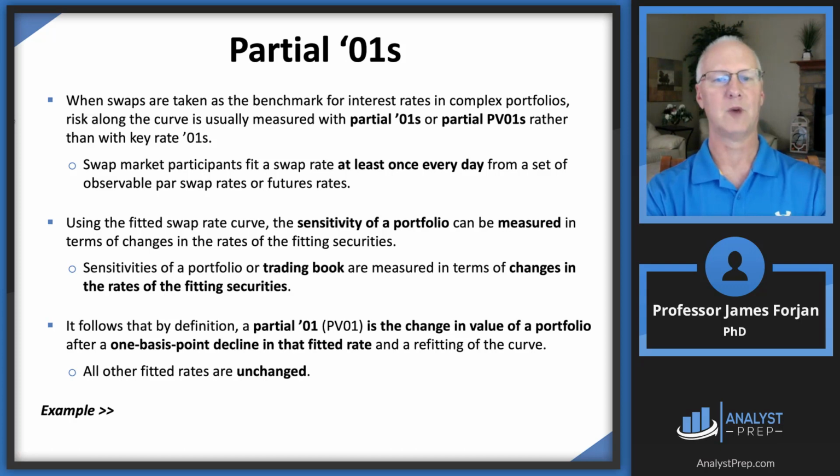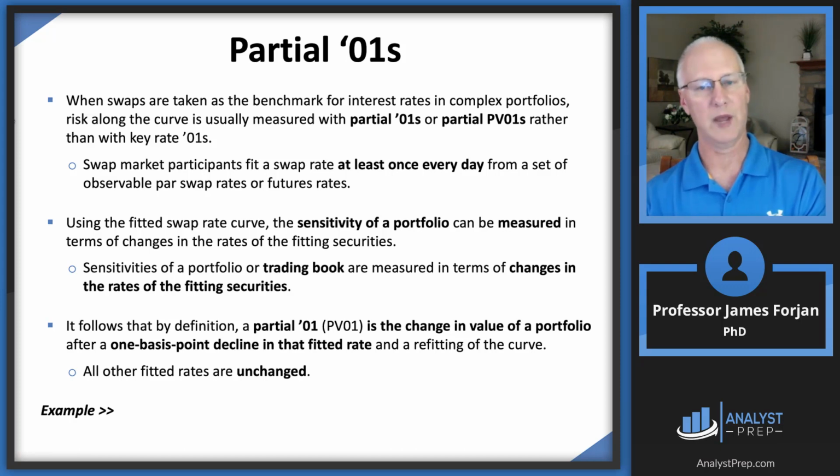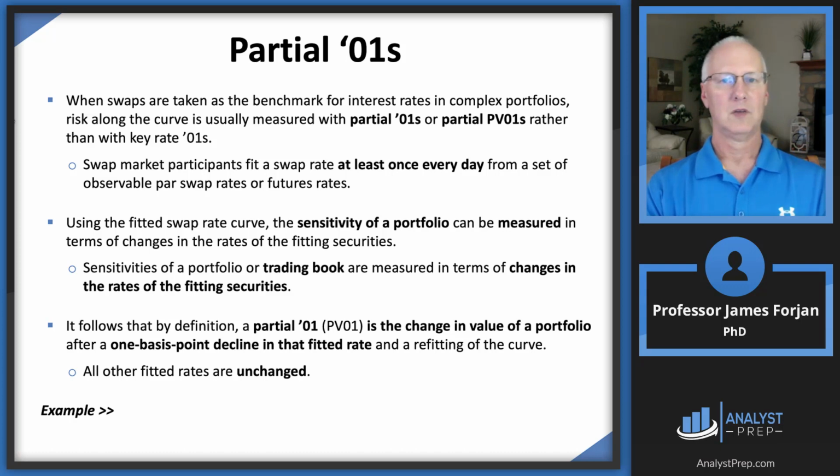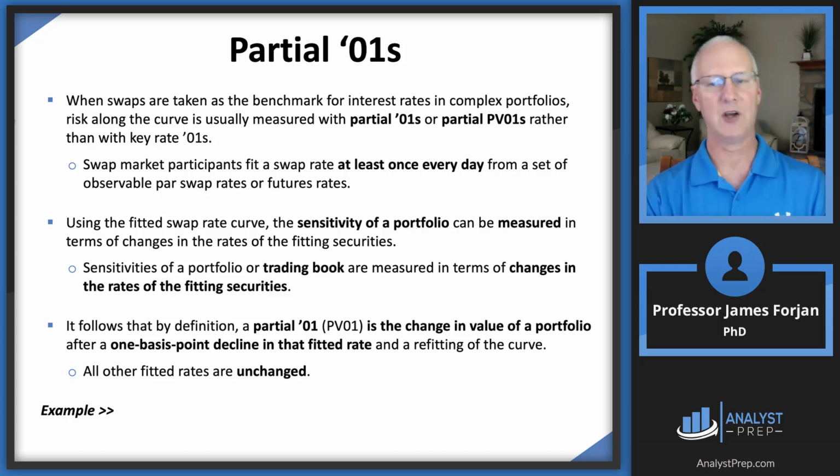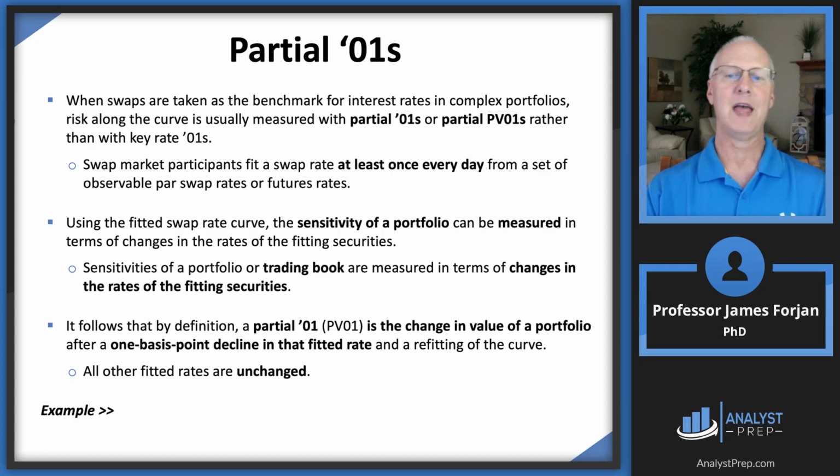So if we fit that swap rate curve, the sensitivity of a portfolio can be measured in terms of changes in the rates of all of those fitted securities. So the partial 01 is the change in the value of a portfolio after a one basis point change in that fitted rate and a refitting of the curve, with all those other rates unchanged.